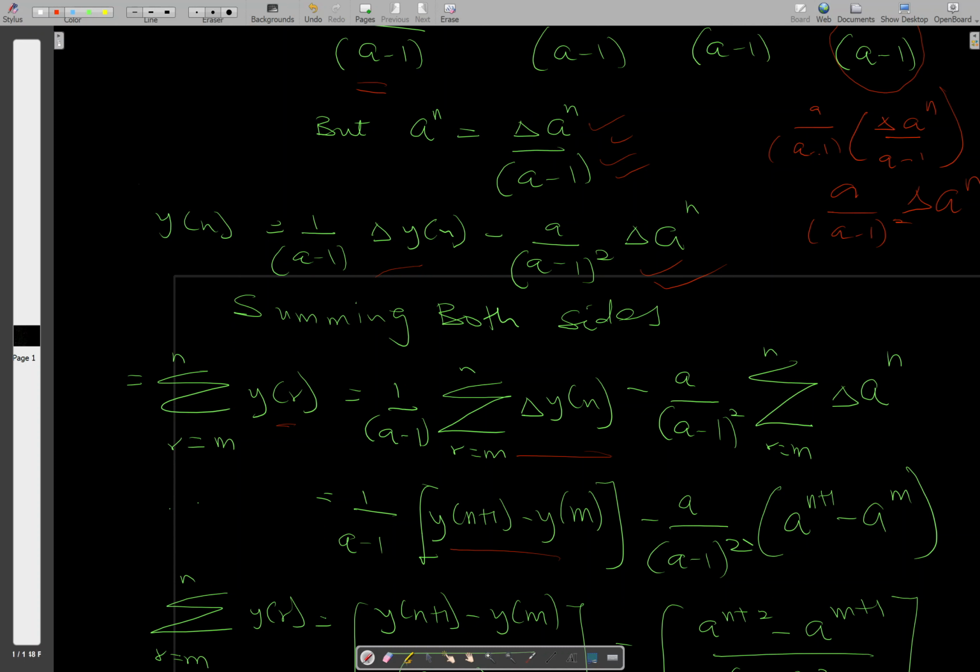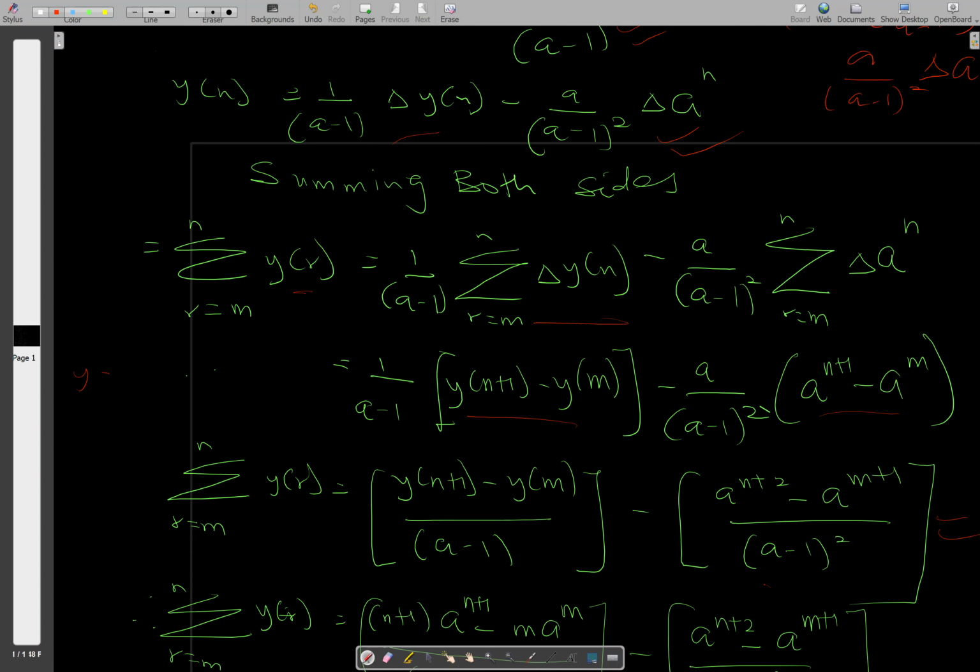So when we simplify this, we can rewrite this as this, it's just the same thing. But don't forget our y of n was given as n a to the power n.